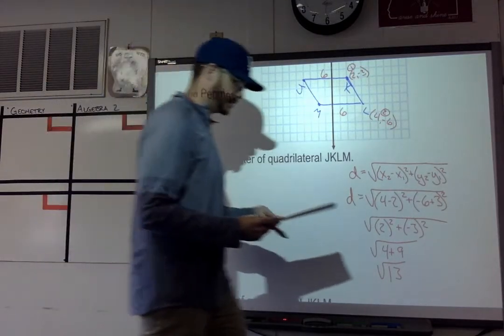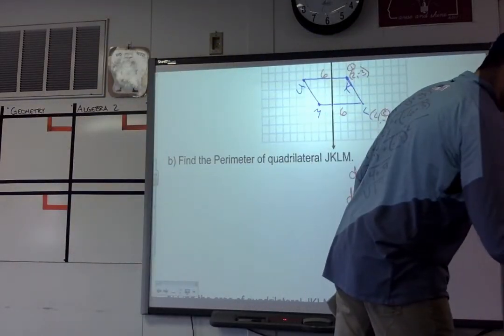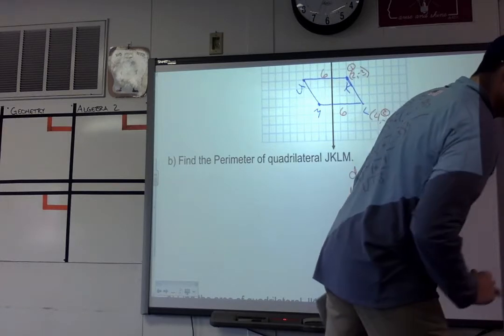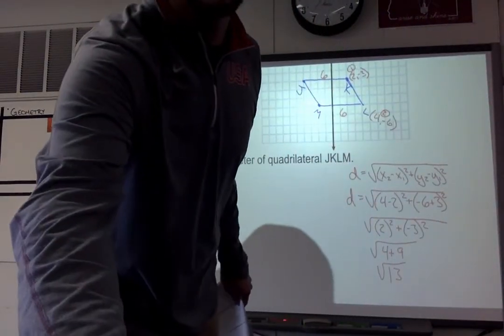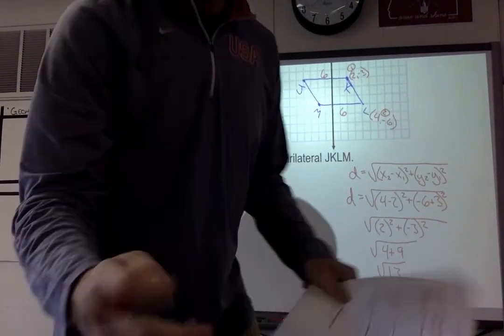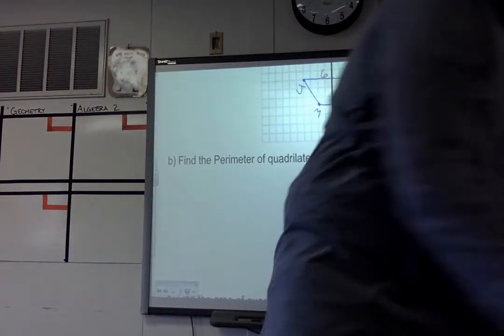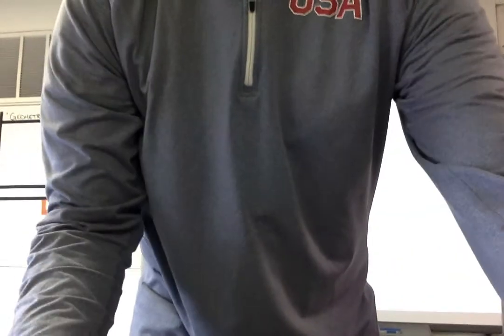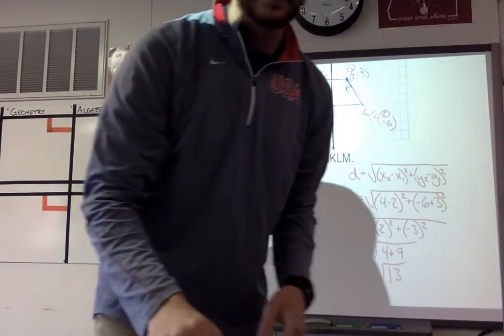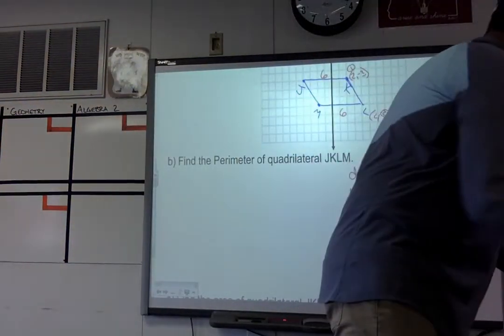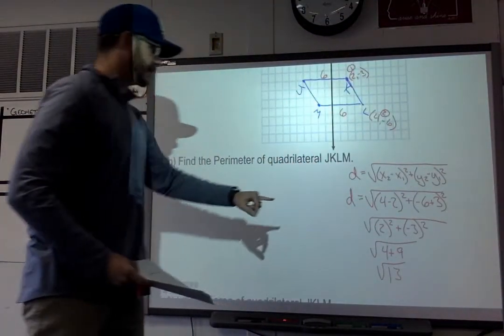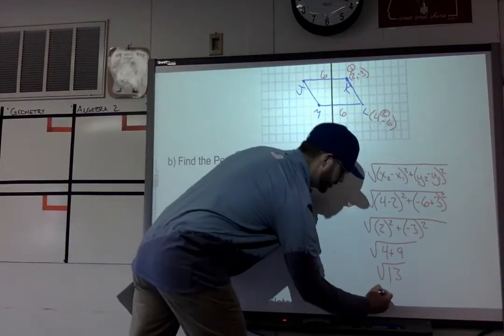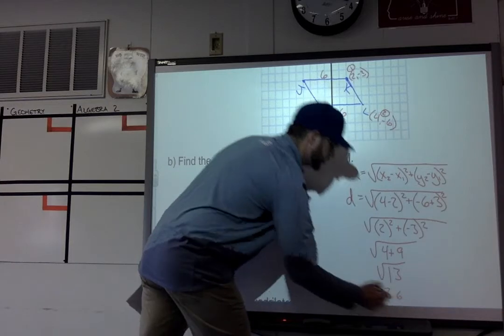Now, if we do the square root of 13, that's going to give us 3.6. All right, so our length here is going to be 3.6.